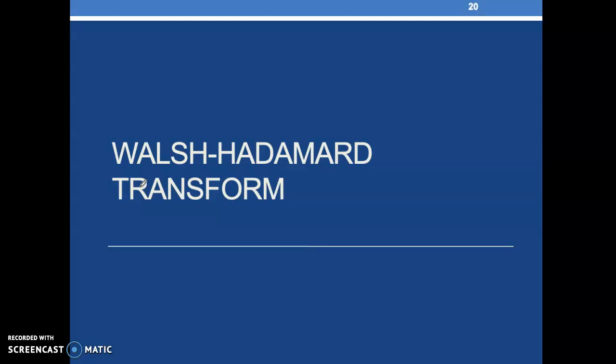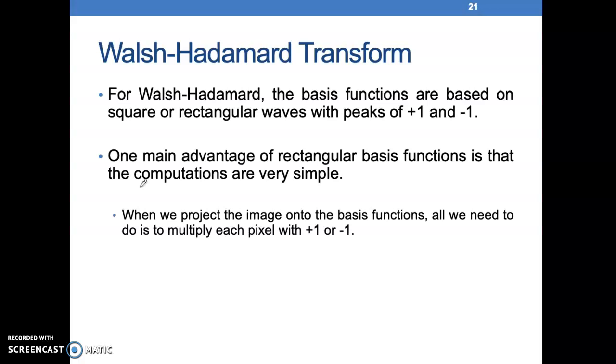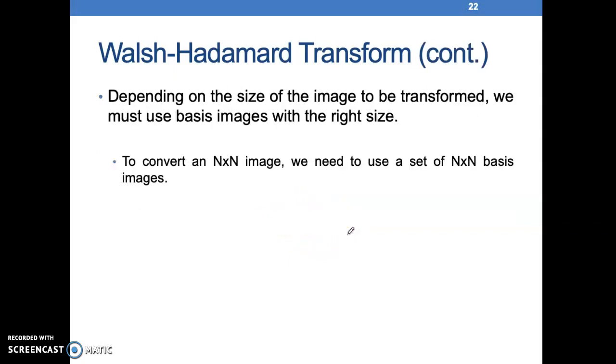Okay, so for WHT, the basis function are based on square or rectangle, where the peak is +1 and -1. So one main advantage of rectangular basis function is the computation are very simple, because you only deal with +1 and -1.